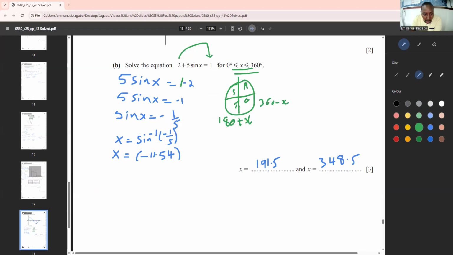So my acute angle here, I will just use 11.54. So when you do 180 plus that, it gives me this. To 3 significant figures, because normally for angles, if you check from page 1, the instruction says give it to 1 decimal place. So when you get 360 minus 11.54, it gives me that, okay?